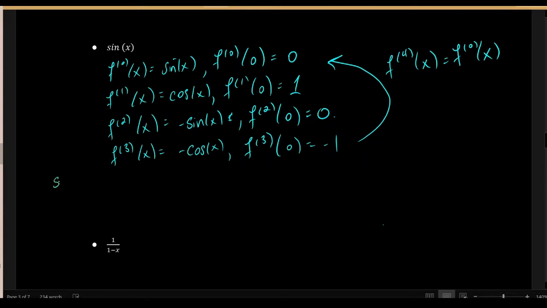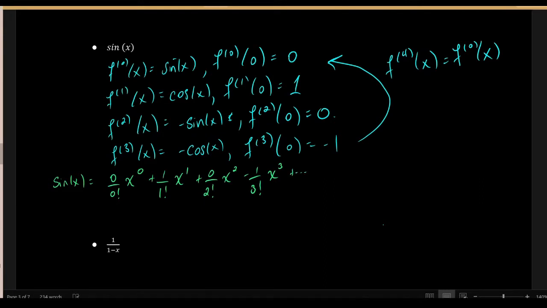So, sine of x is equal to the series that we get by taking the 0th derivative, dividing it by 0 factorial, times x minus the center to the power 0. Then the first derivative divided by 1 factorial, x to the power 1. Then the second derivative divided by 2 factorial, x squared. Third derivative, third factorial, third power, and so on and so forth.